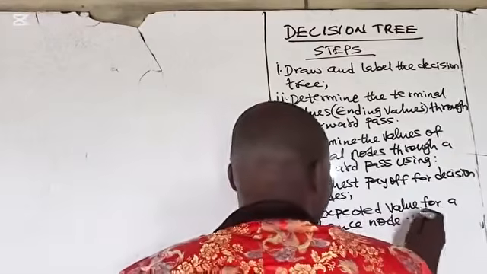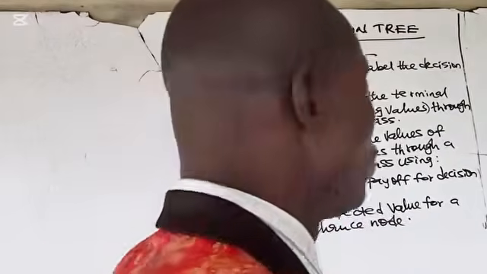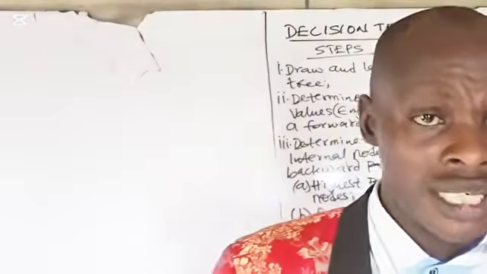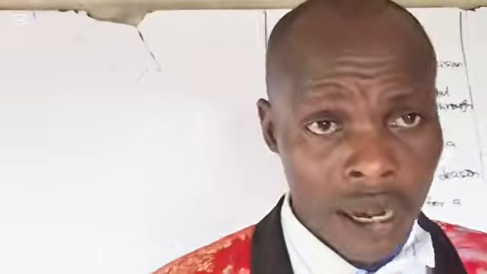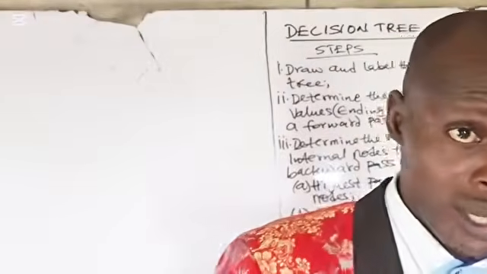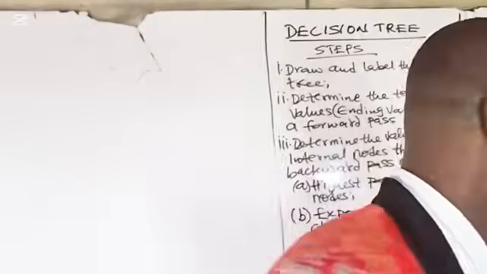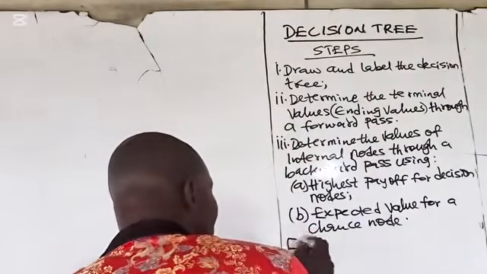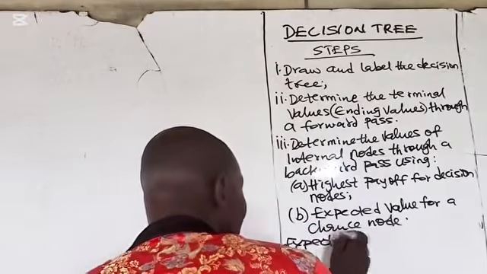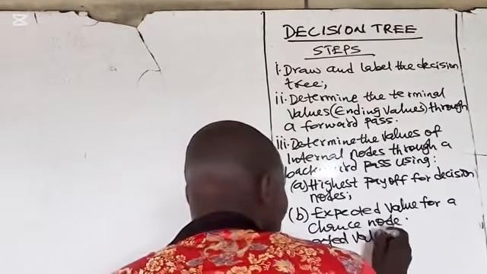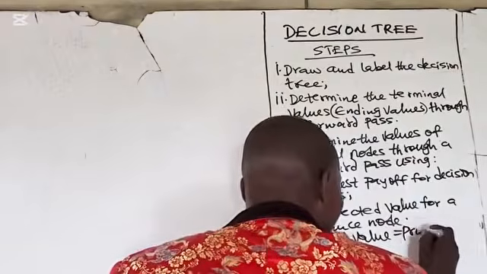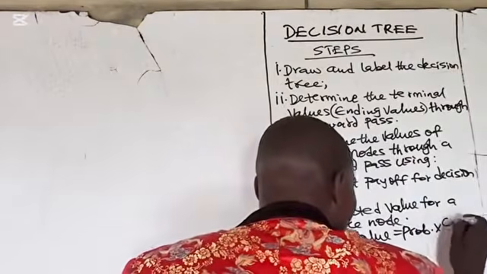Where the node whose value you want to determine through a backward path is a chance node, you use the expected value. And remember, you know what a chance node means, the node on a circle. And remember, we said expected value equals probability times cash flows.